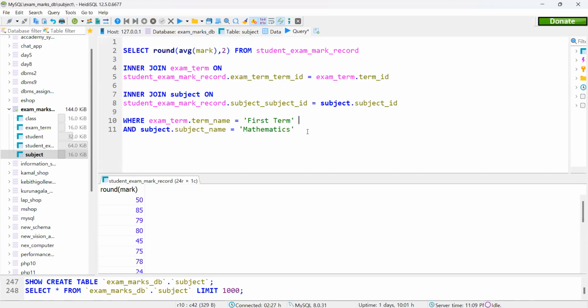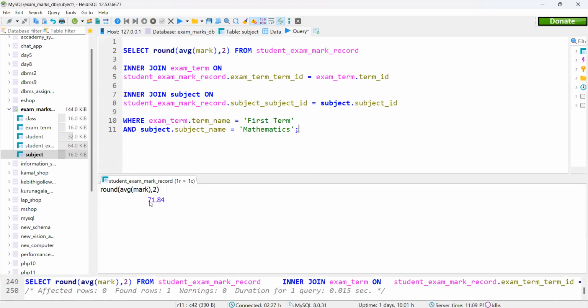First term next, let's execute this one, and we got 71.84 as the average mark that the students got in first term mathematics subject. That's how we got two decimal places with the round function.